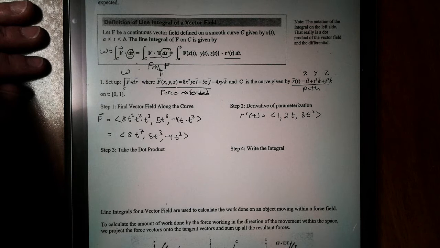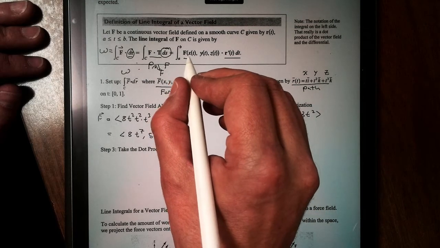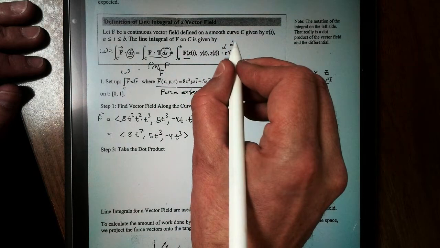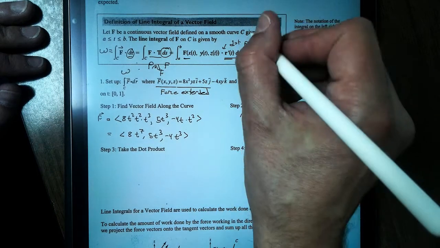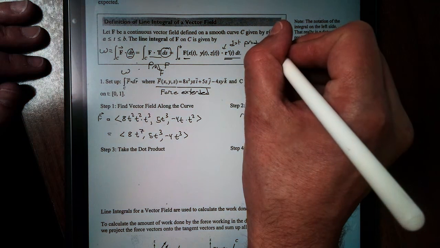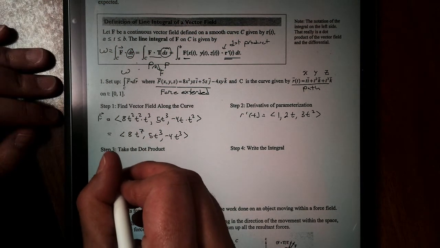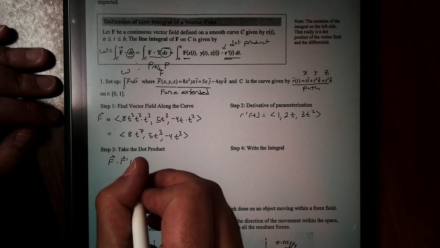So when we're solving this now, remember we're going to multiply our force times r prime of t, but this is a dot product. I want to get a scalar, so we're going to be using a dot product here. So my next step is just to take the dot product of our vector force field and r prime of t.